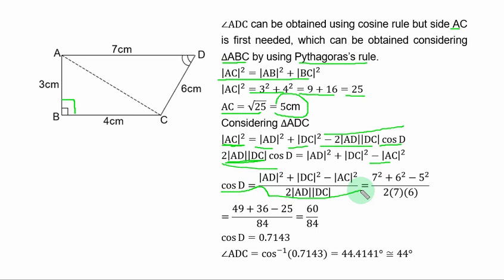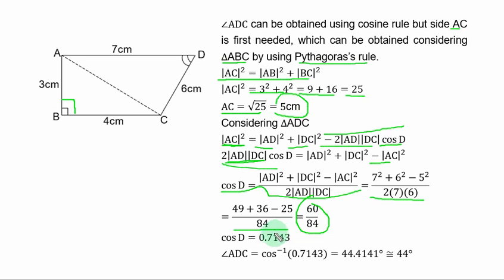When all the sides are given to you, you also use the cosine rule, and that is what I'm doing right now. So you replace the various sides and you have this. If you simplify, you get this. You add and subtract, you get 60 over 84.